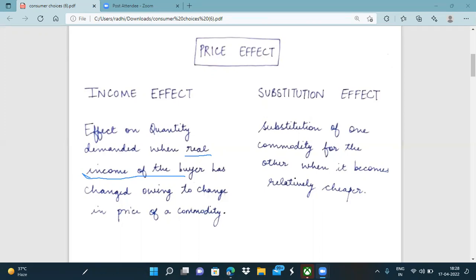Now let us understand the substitution effect as well with the help of an example. For example, there are two commodities, let's say tea and coffee. Suppose the price of tea has fallen.